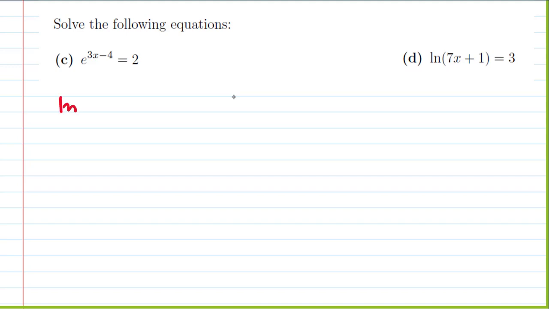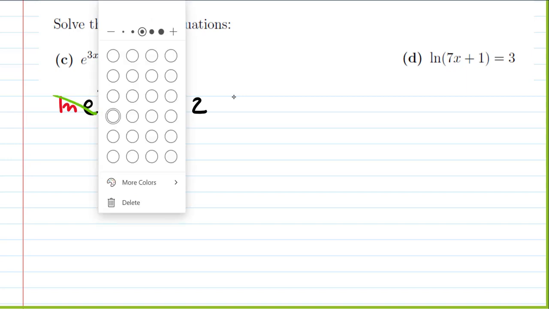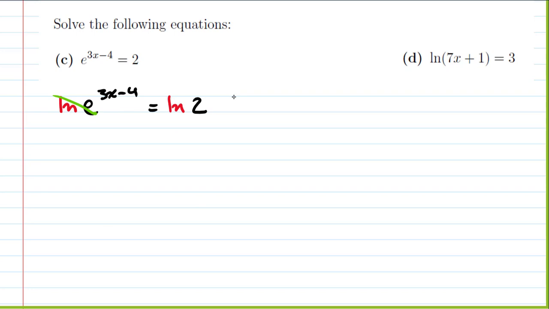So if we take the logarithm of both sides of this equation, the e and the natural log will reduce out, and we're left with just 3x take away 4 is equal to the natural log of 2. After doing that, this is now a linear equation, and we can just solve for x by adding 4 to both sides.